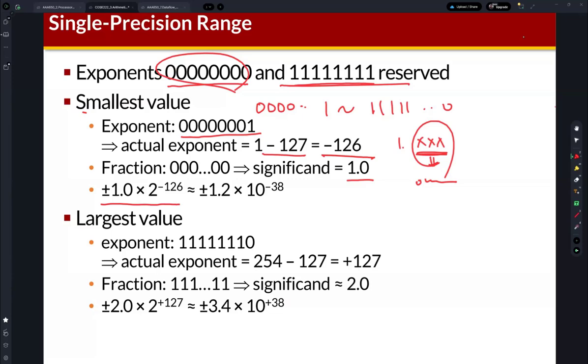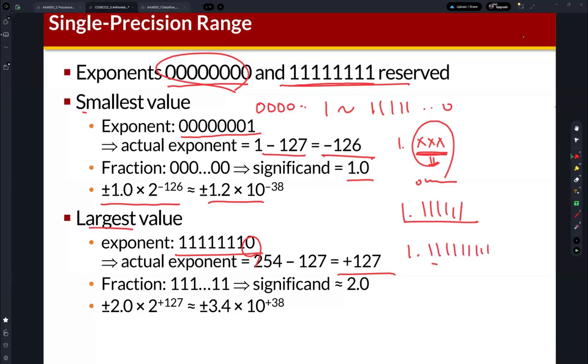In decimal, it's around 1.2 multiplied by 10 to the power of minus 38. For the largest number, the exponent part is 11111110, because all ones are reserved for special numbers. The actual exponent is plus 127, and all the fraction bits become ones, so 1.1111 and so on.